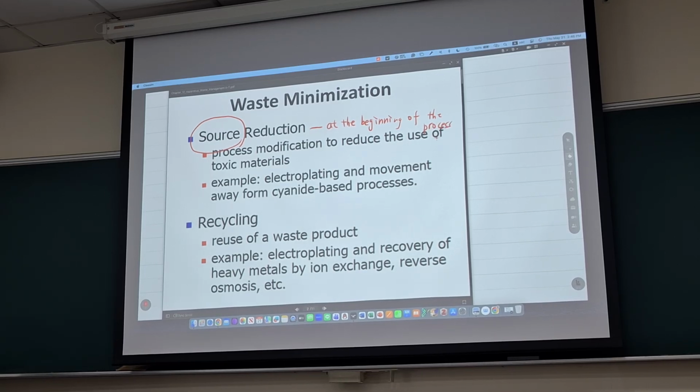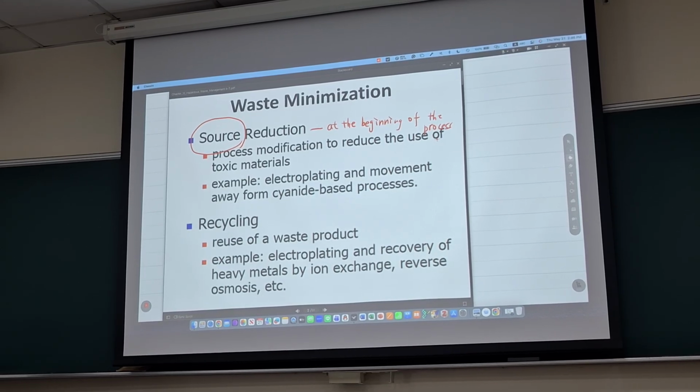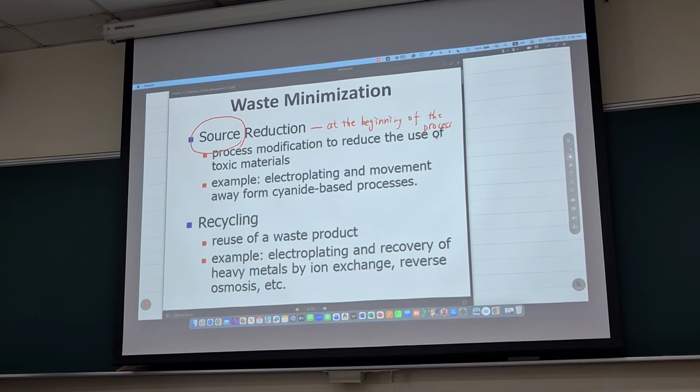You reduce more at the source, you will reduce more waste.